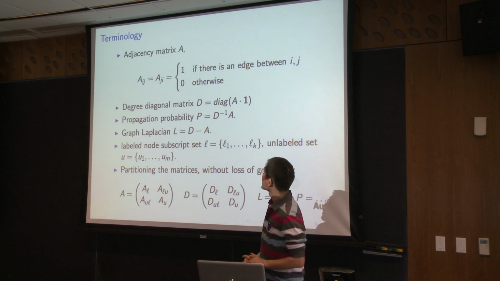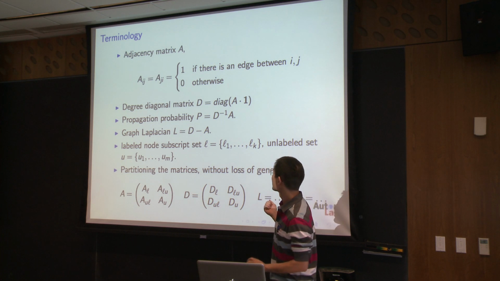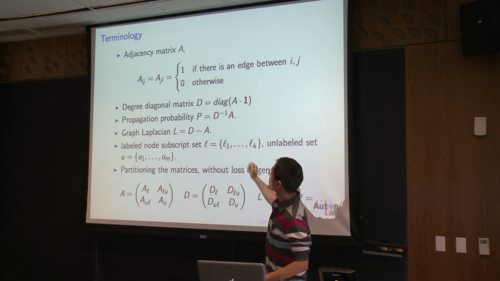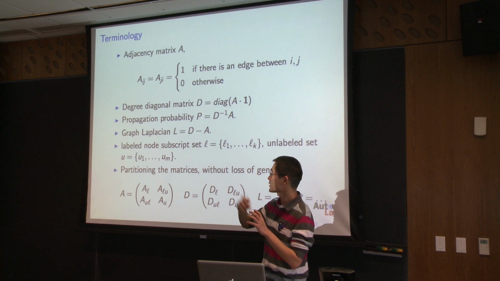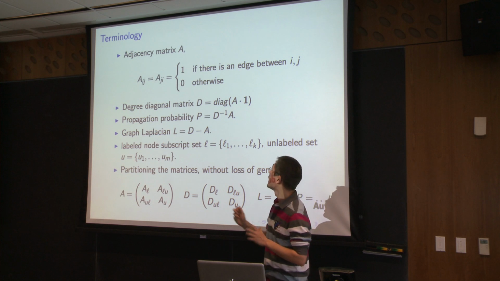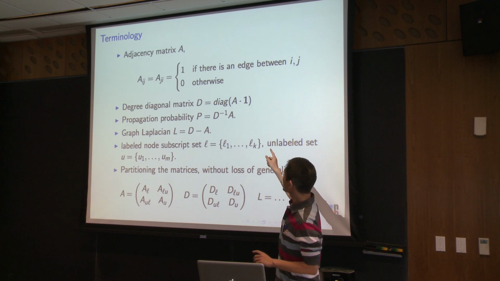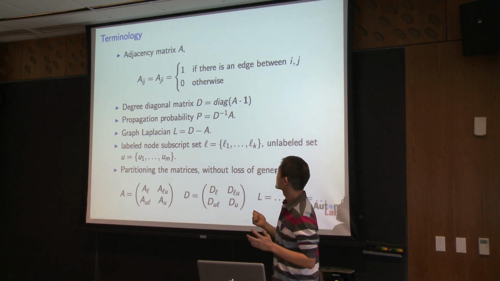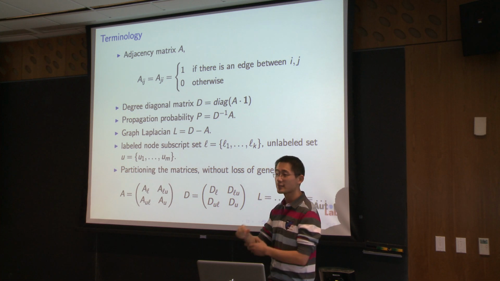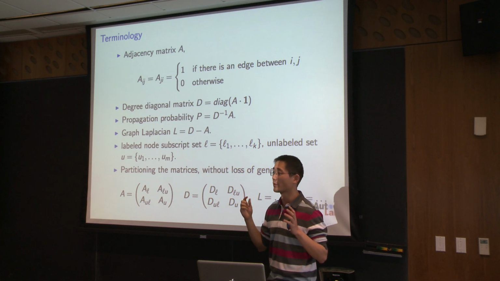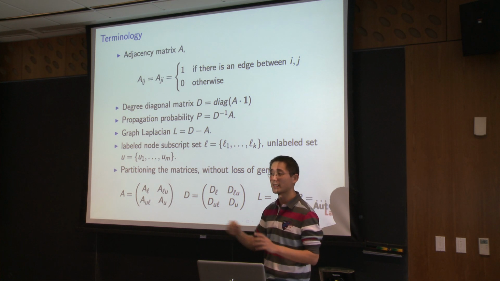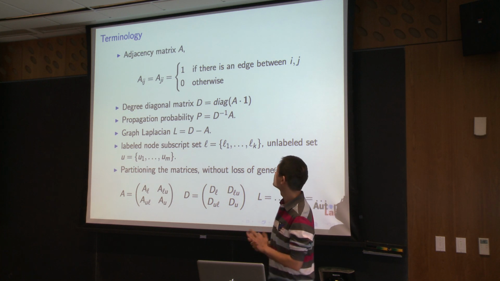So here are some terms we use throughout the talk. There's this adjacency matrix, which characterizes the existence of edges between nodes. There's a little bit unconventional diagonal matrix D, which characterizes the degrees of nodes in the graph with no weights, but only uniform weights.